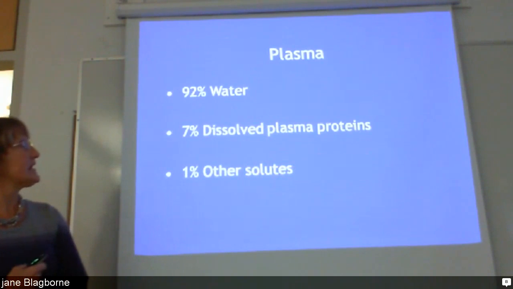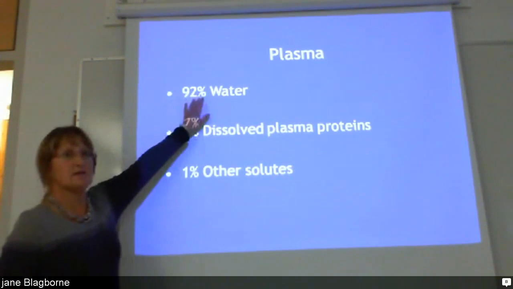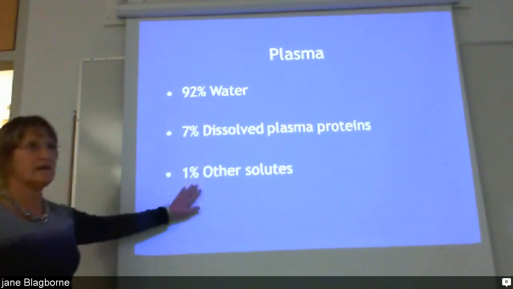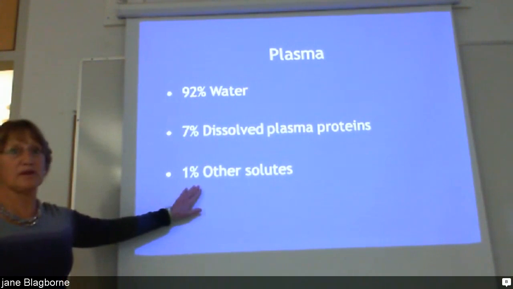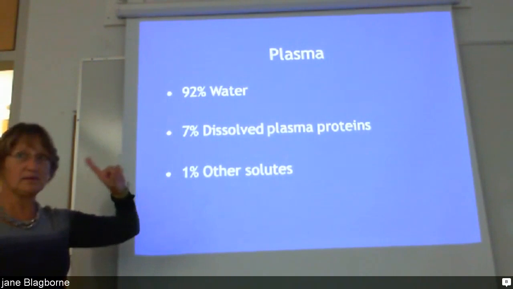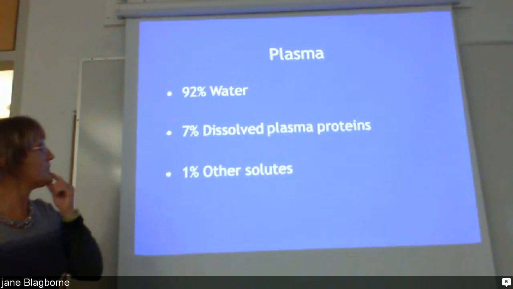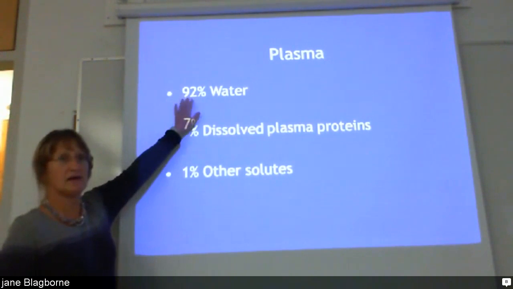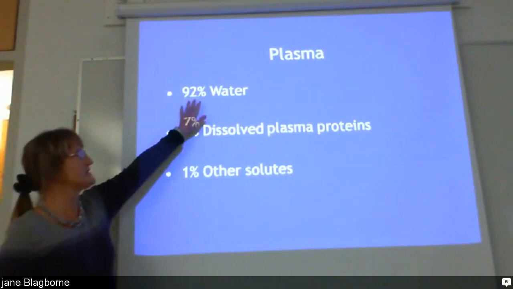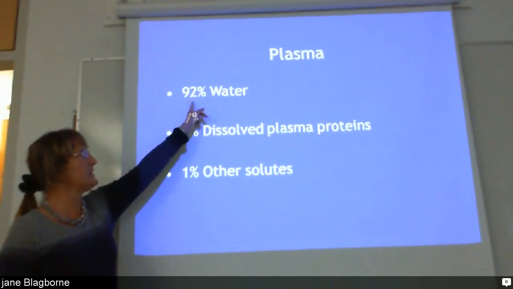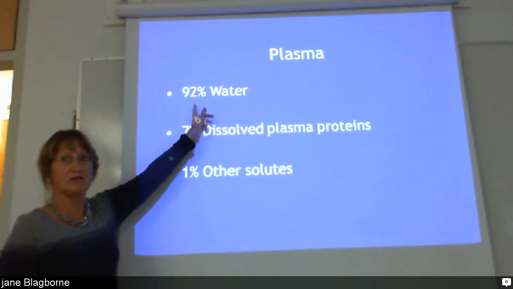The plasma itself. Now, when you see these percentages, I will tell you which one is important that you have to know. There's only one that you really have to know. But this just gives you an idea of how much water is in plasma, because 92% is water. Think of patients that get dehydrated.